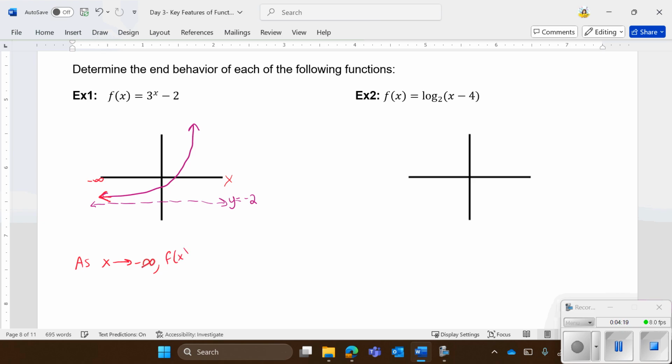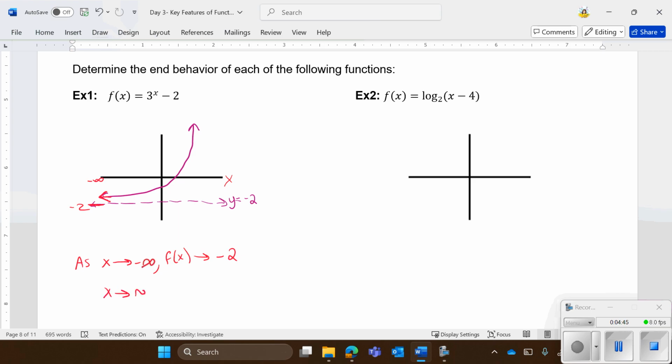Well, the function is approaching the asymptote. Remember that you get super close to the asymptote, but you never touch it. So while the graph is going down, you will not go past the asymptote. You're not going down towards negative infinity. You're flattening out at -2. So the graph is approaching -2.